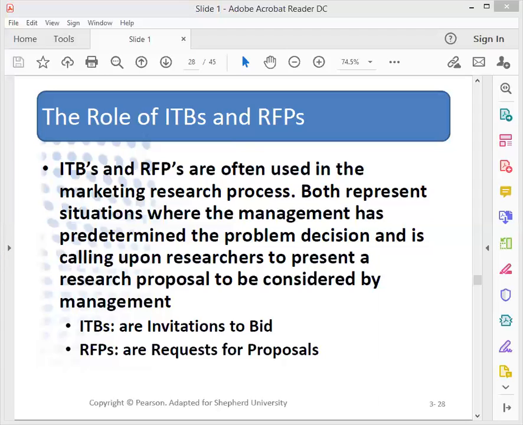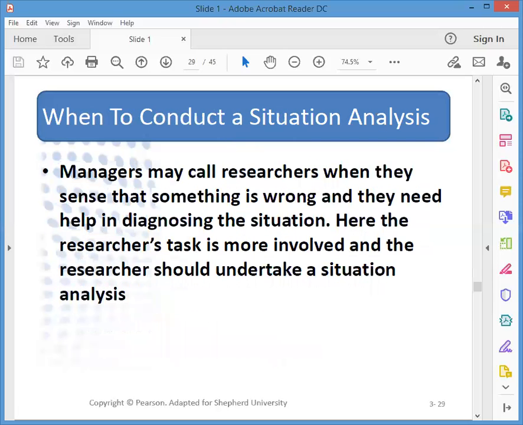If the researcher cannot convince the manager to abandon the ill-defined problem, then they have an ethical dilemma. They don't want to go forward with something that is going to cost the company money and not really correct the situation.